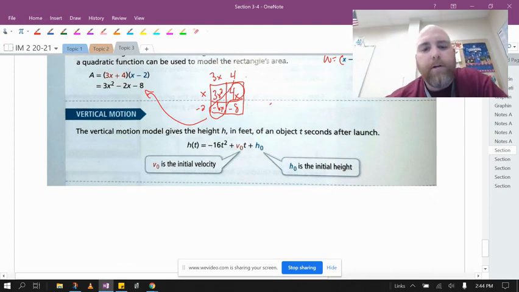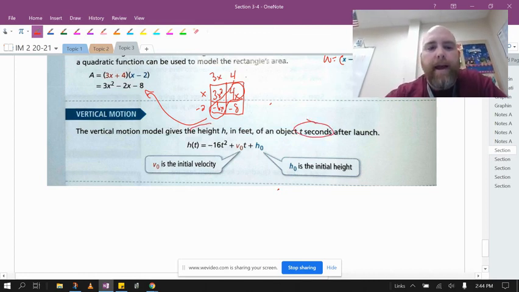And then our vertical motion, again, v naught is the initial velocity, how fast we're going when we first jump or shoot something in the air or whatever. h naught is the initial height. Again, t is seconds. h is our height.